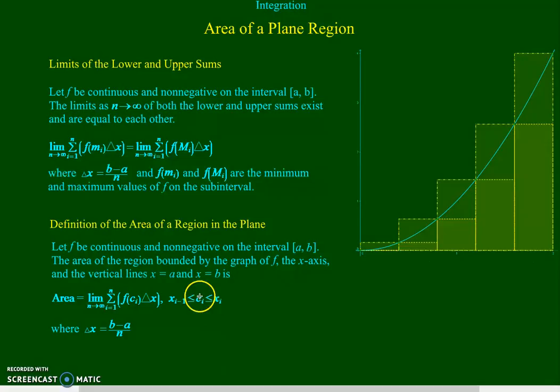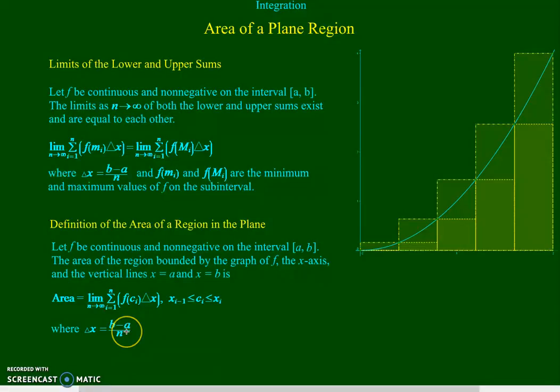And the assumption there again is that c sub i is any x value between the lower and upper limits in each subinterval. And of course delta x is always the upper limit minus the lower limit divided by the number of subintervals.